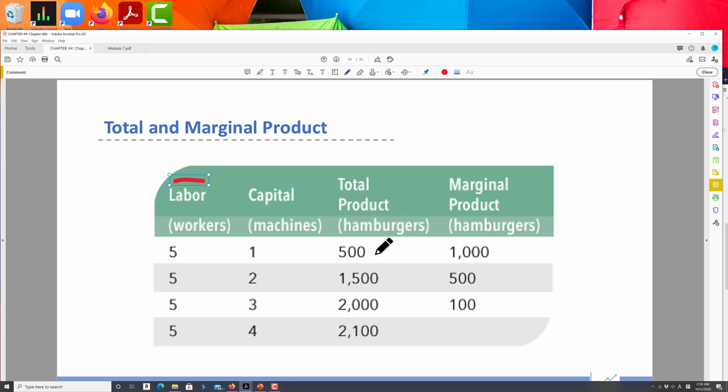So this difference is 1000 units, that's the marginal product of capital or machinery. Then marginal product of capital shrinks to 500 units, then to 100 units. So this table illustrates diminishing marginal product of capital input.